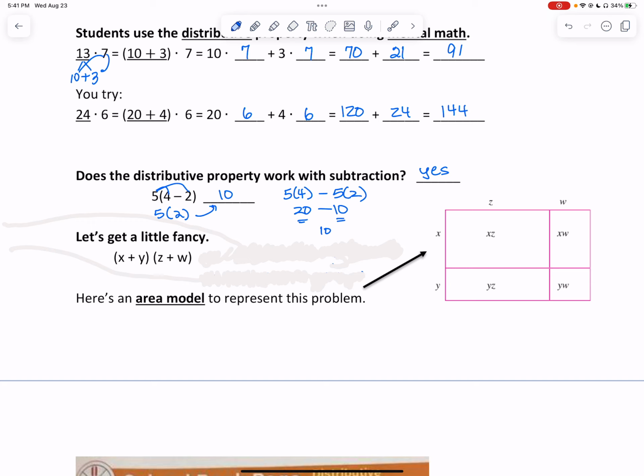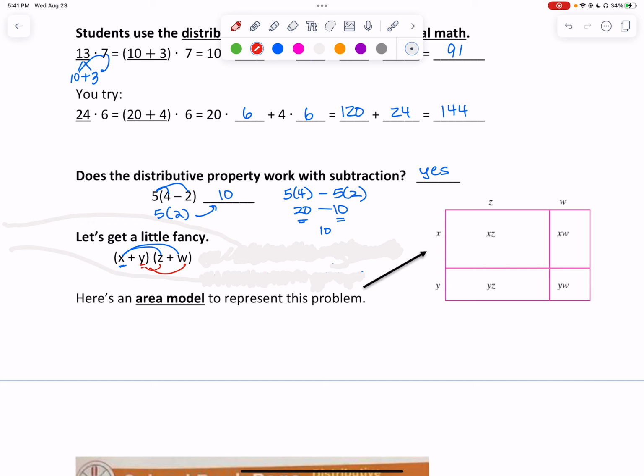Okay, so now we're going to get a little fancy. You may remember this in your Algebra 1 class as the FOIL method, where you take the X and you distribute it here, and then you take the Y and you distribute it there. We call it FOIL.